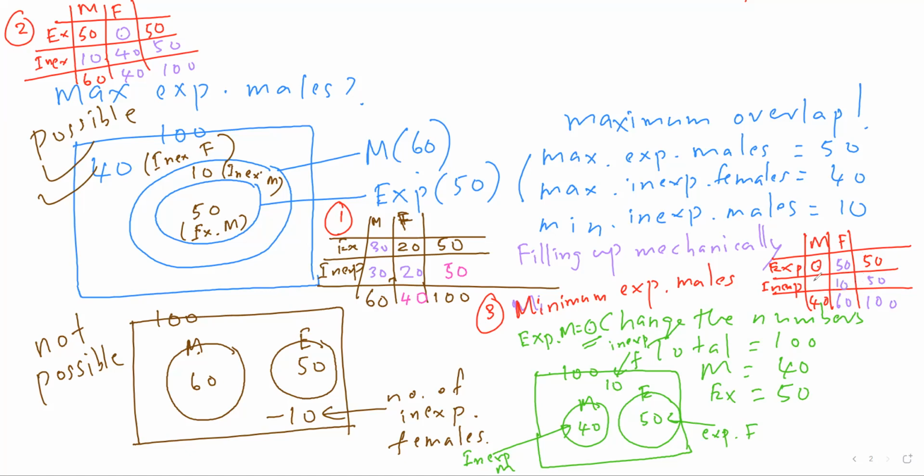And if this is 10, this is 40. So that's the use of the grid method. I hope you can appreciate that. Nothing new. However, when you are in doubt with the Venn diagram, you can always use the grid method.